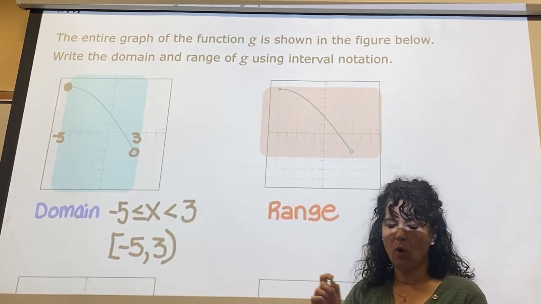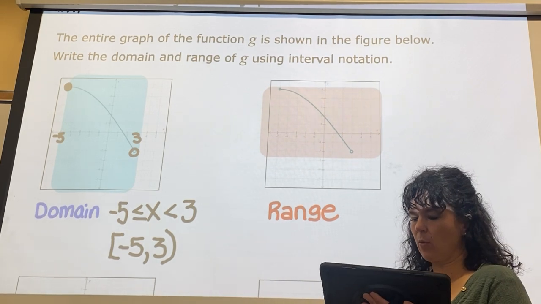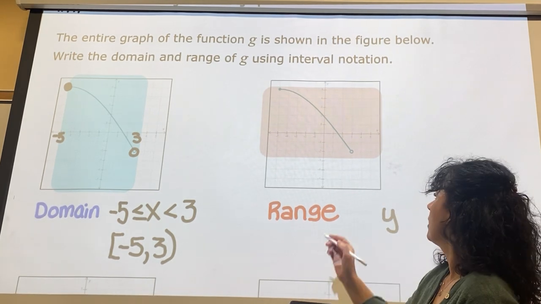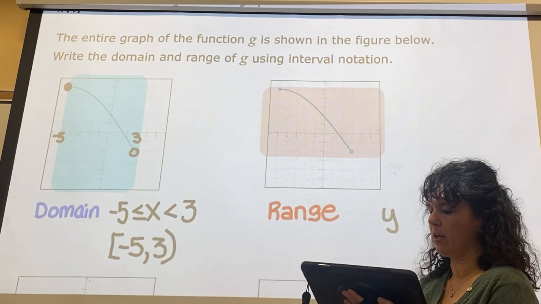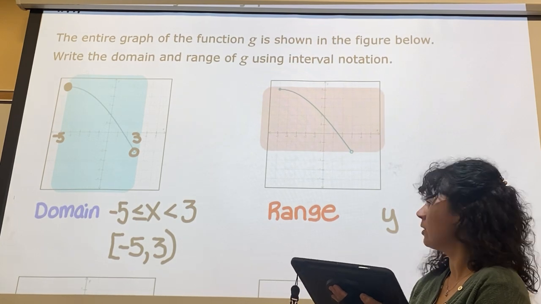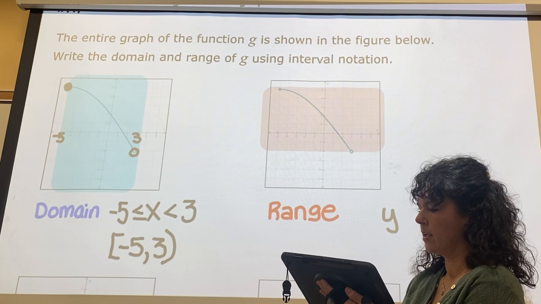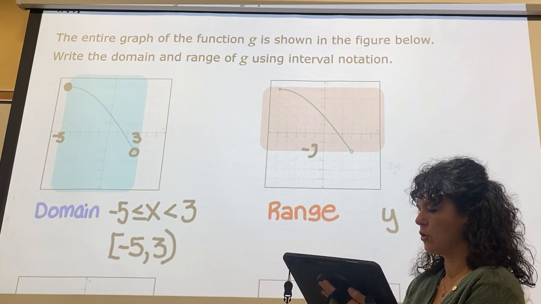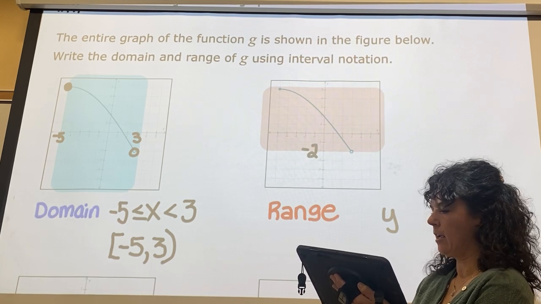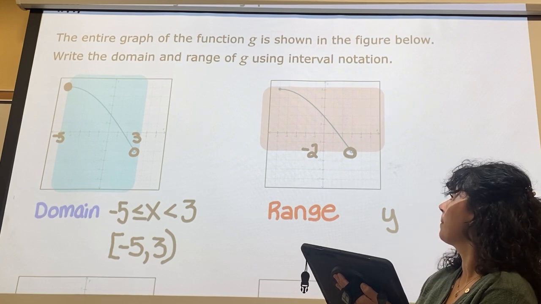So what's the lowest that we could go? On this particular one, the lowest that we're going to go is -2, and we're at an open dot over here.